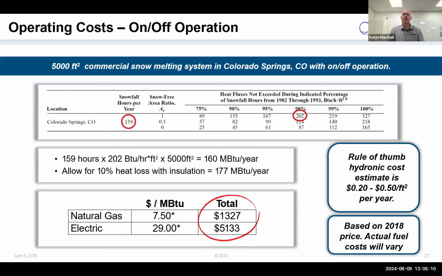On a hydronic system, again, the tubing is not going to be an issue. What's in the slab is not going to fail on you. What you'll have to worry about on a hydronic system is maintaining the glycol. You're going to have to replace pumps every so often because they'll run out of their life cycle. Boilers will have to be replaced eventually.